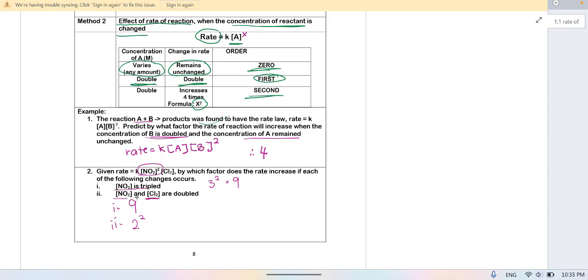Okay, kalau kita increasekan concentration Cl2, so Cl2 dia adalah first order. So bila kita double, rate akan increase pun double. So kita kena multiply. Efek dia ni kita kena multiply. So 4 darabkan dengan 2, so rate akan increase by factor of 8.